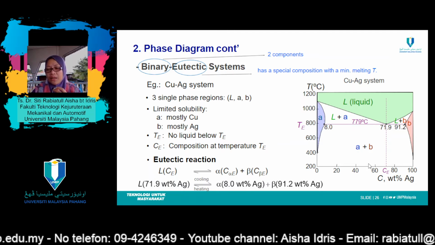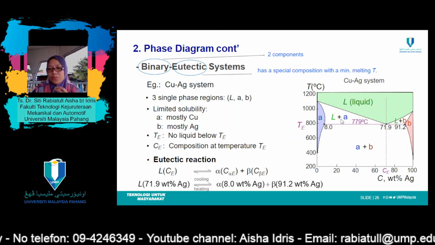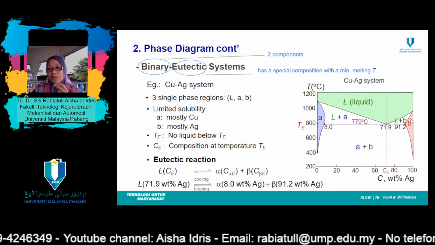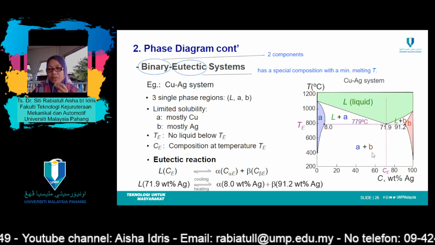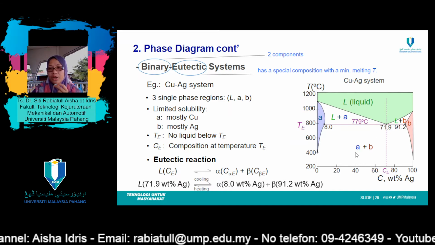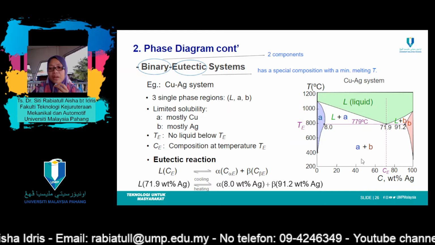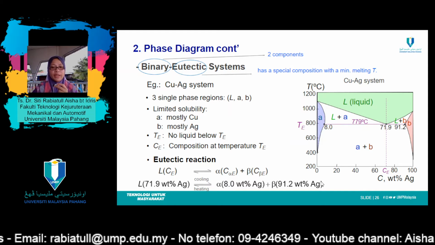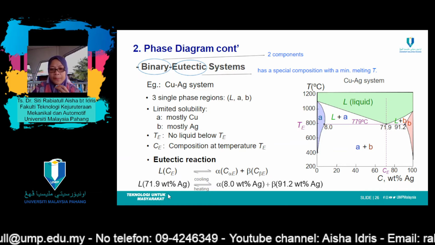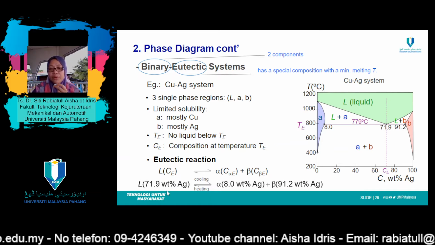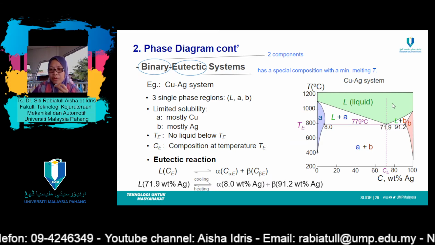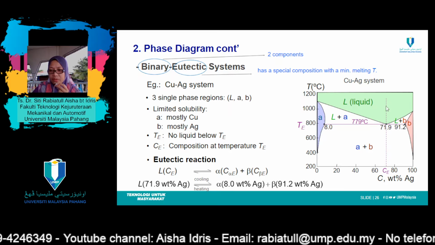And other than that, you may also find the phases alpha plus liquid, and this one alpha, beta plus liquid. And at this point, it is a combination of alpha plus beta, or A plus B, over here. At the point of the eutectic reaction, from liquid, let's refer to this line.